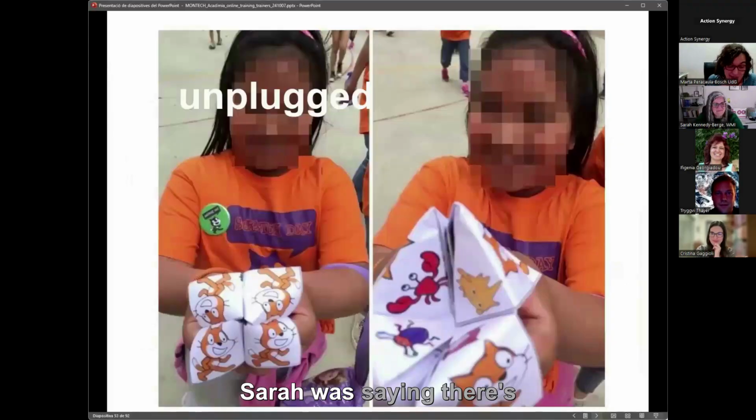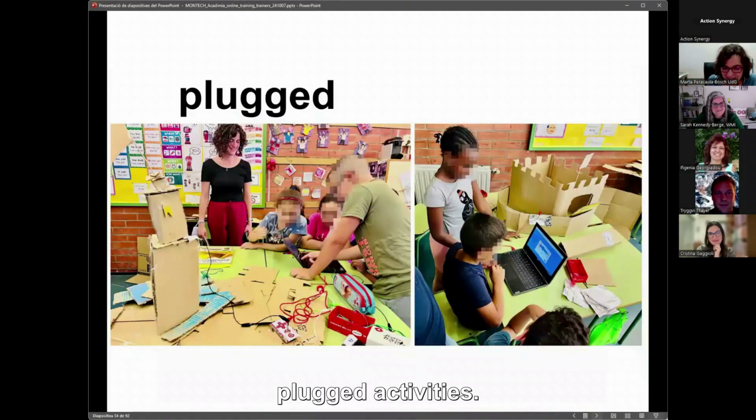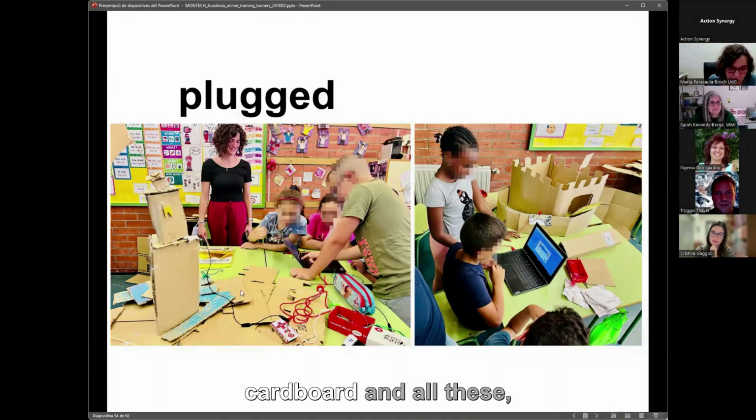So okay, Sarah was saying there's unplugged activities in the guide, plugged activities. When we say plugged, here is the digital part, but we also mix with physical things, cardboards and all these boards and things like this.